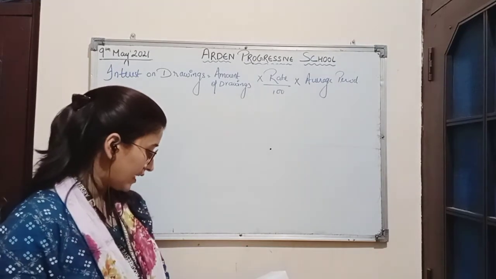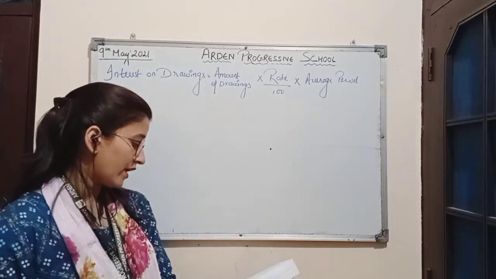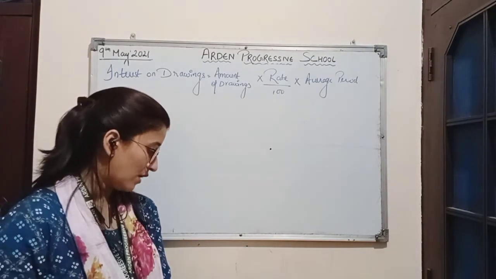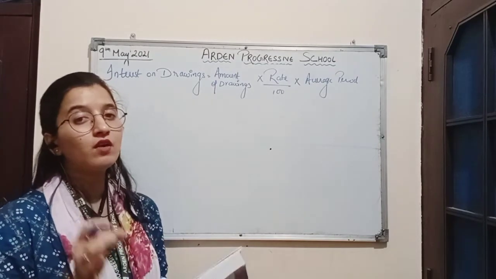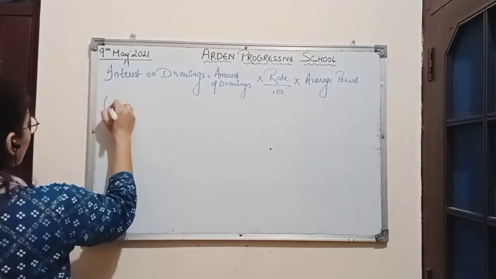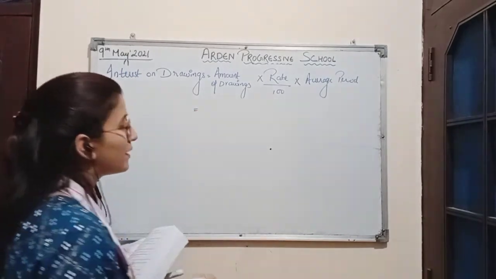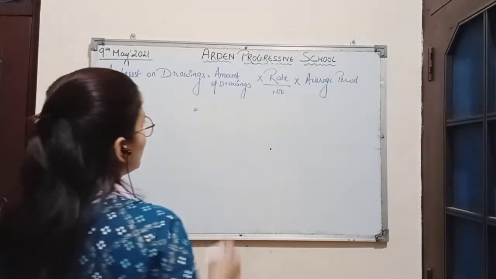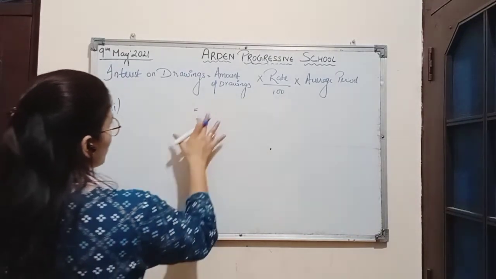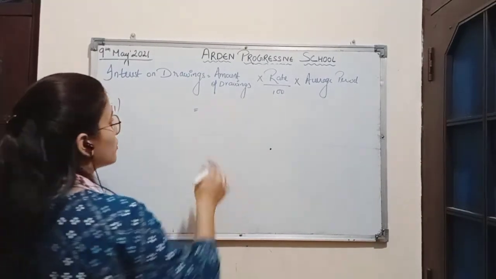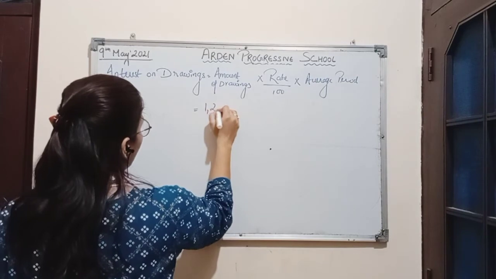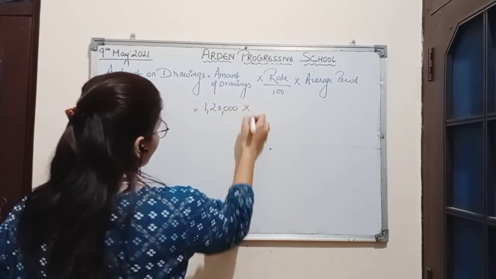Now in the third case, C is withdrawing the same amount, which is 10,000 from the firm in the middle of every month. So the total amount of drawings withdrawn by C will be 10,000 into 12, which is 1,20,000.